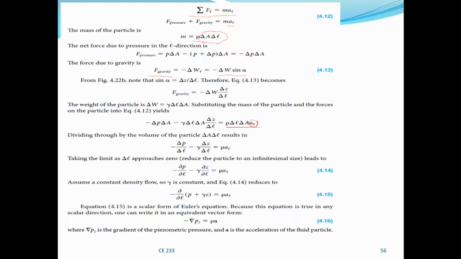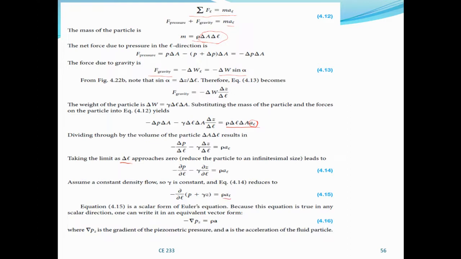Now when we take the limit of delta L approaching zero, we are reducing the particle to an infinitesimal size. So we change delta P by delta L to del P by del L, and this is equal to rho aL.